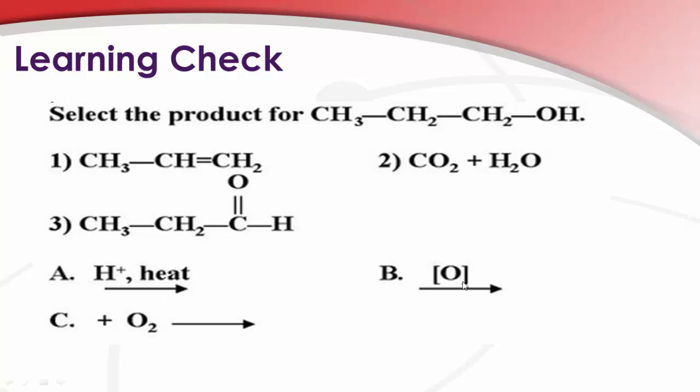If we use oxidation conditions, gentle oxidation conditions, we can kick off the hydrogen from that molecule, oxidizing and getting the aldehyde. So number B is associated with propanol, number 3. And finally, of course, reacting with oxygen gives us our combustion products.